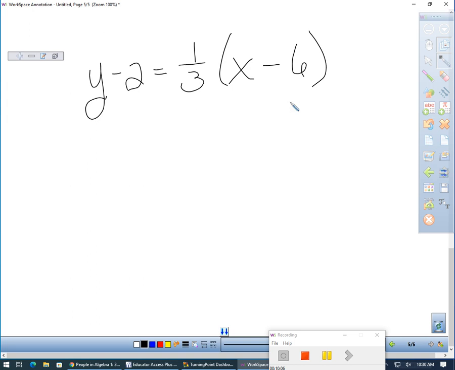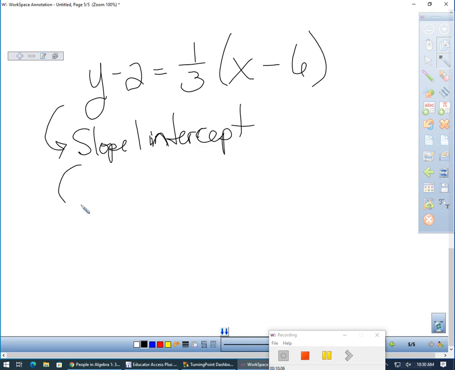Correct. First we would distribute. And then with the answer you get from there, if you still have a fraction, you multiply the bottom. What I would recommend is if it's in point slope, you want to change it to slope intercept, which is what we did yesterday. And once it's in slope intercept, then you can change it into standard.